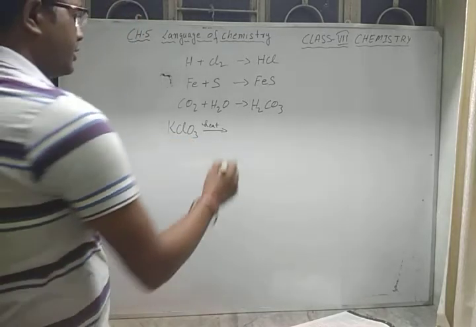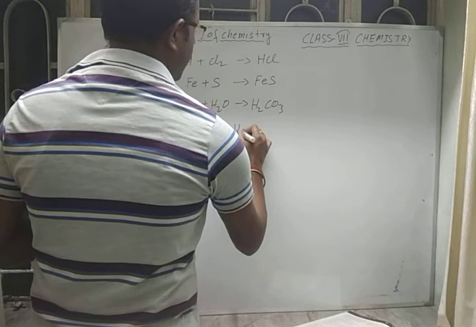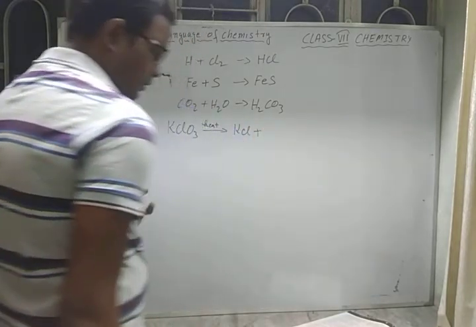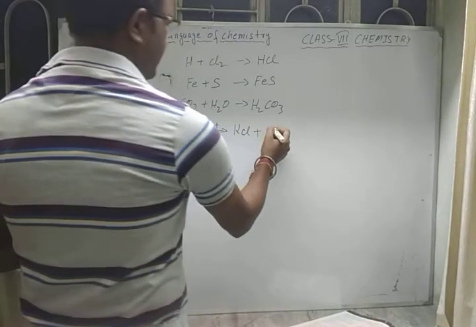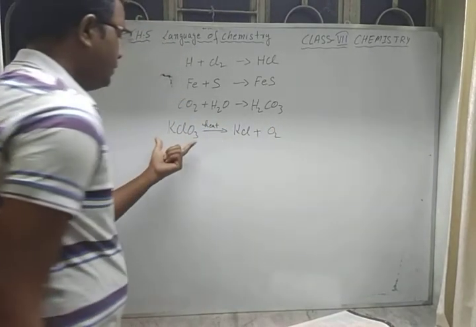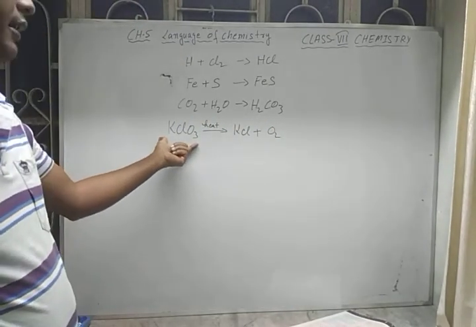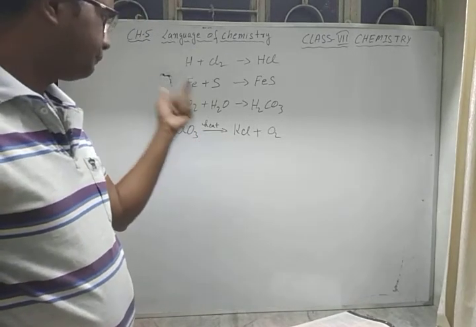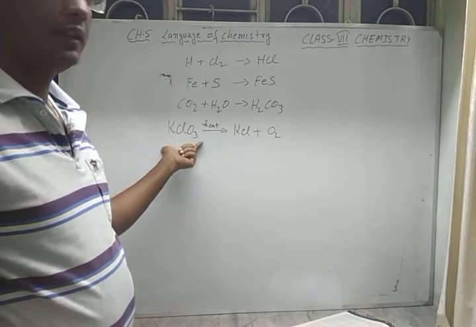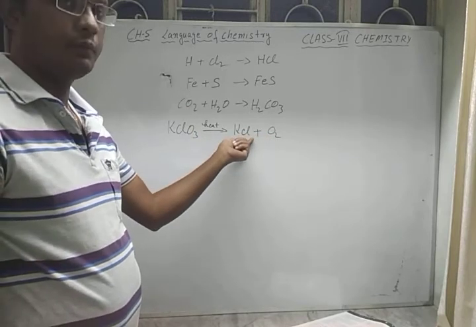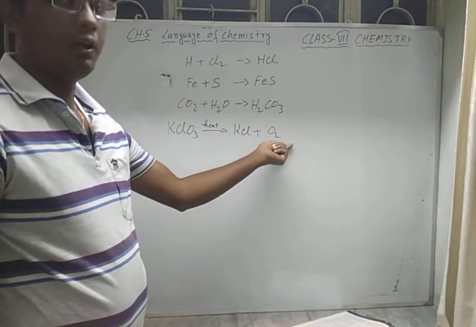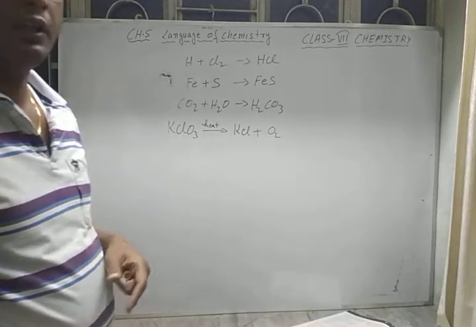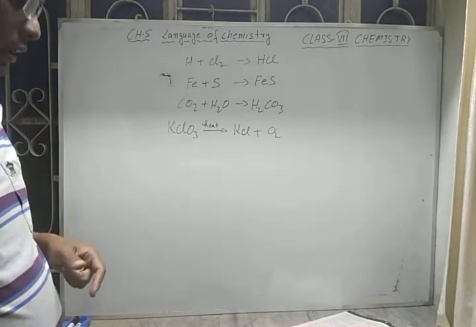You will get potassium chloride, KCl, plus oxygen. So you can see a single compound, potassium chlorate, when heated, breaks into potassium chloride and oxygen. This is an example of decomposition reaction.